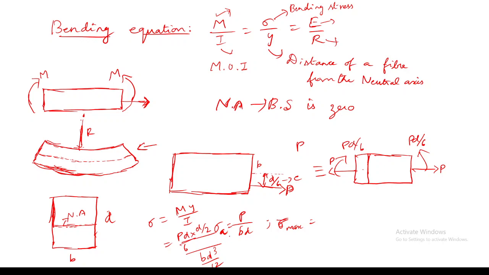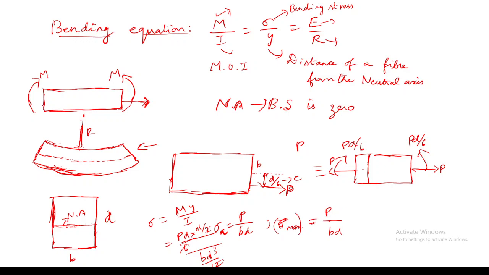See, for example, with D by 2, the 6 and 12 get cancelled. So it will be P by BD. Correct or not? Yes. Okay. So this sigma B max is equal to P by BD.